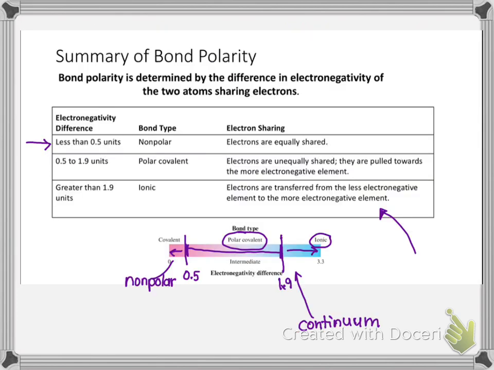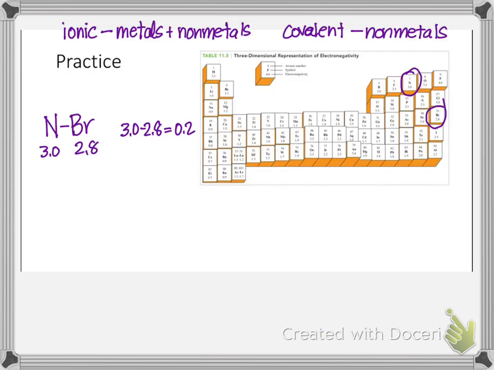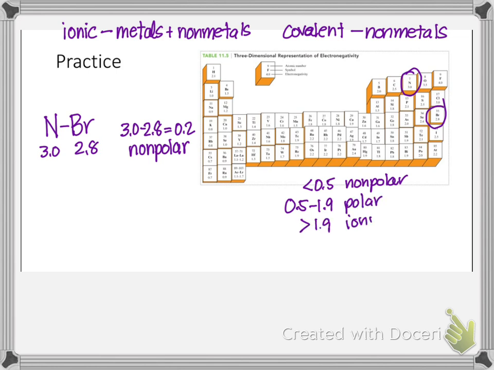Then if you look back on the previous slide, less than 0.5, that is nonpolar. And so this type of bond is a nonpolar bond. Okay, I'm just going to write less than 0.5 is nonpolar. I'm going to write it on here. What did they say? 0.5 to 1.9 is polar, and greater than 1.9 is ionic. Okay, so that's an example.